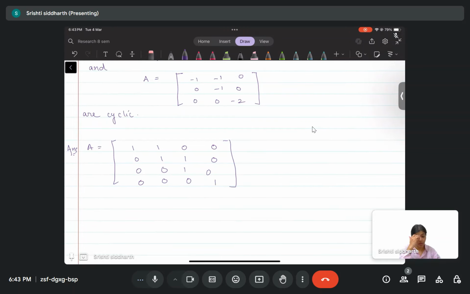Observe that this is the Jordan form for a matrix which has 4 repeated eigenvalues at 1.